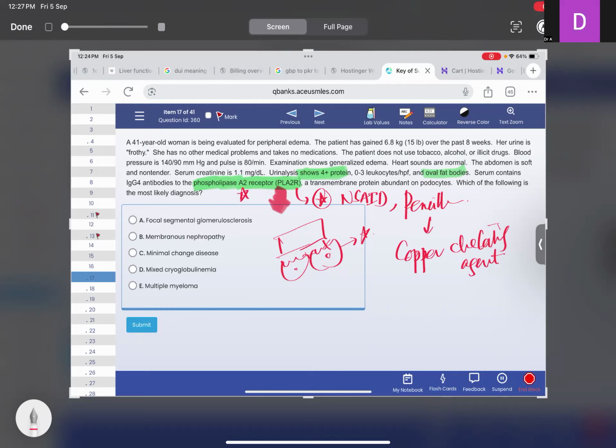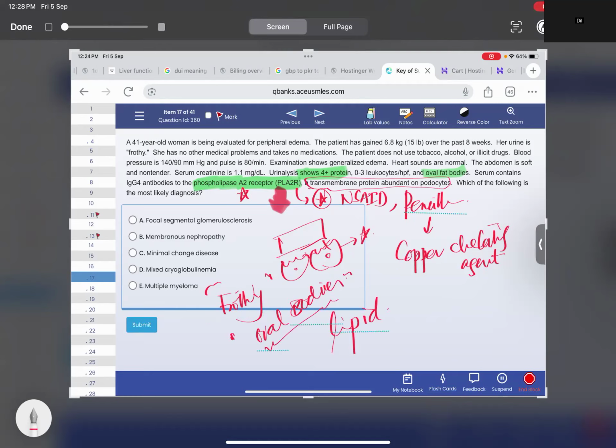What else can we see in this question? I think the rest of the stem does not show any differences, okay. They have written about frothy urine. Why is it frothy? Because of more protein. And we have oval fat bodies because of the lipids.